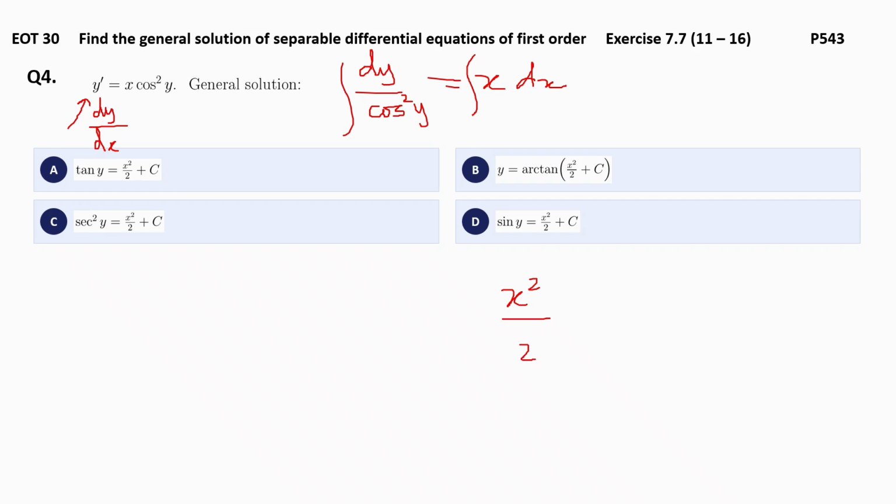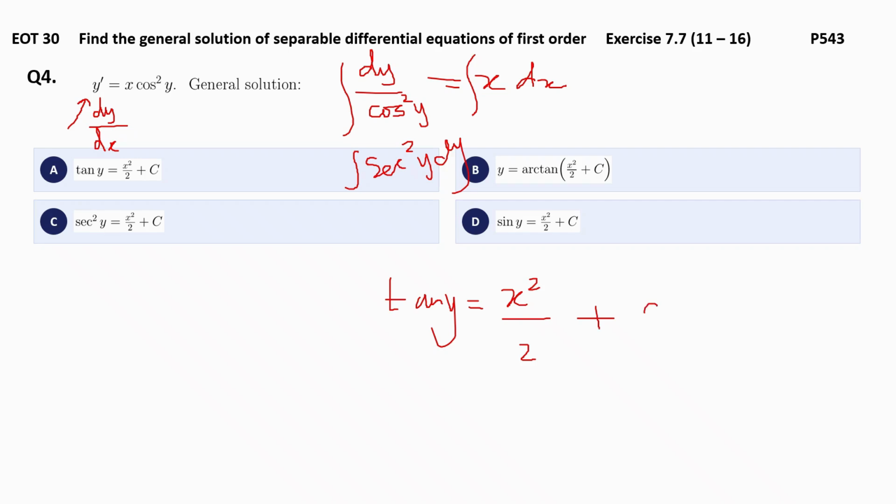But what about the left hand side? This 1 over cos square y can be written as the integral of sec square y dy. But what is the integral of sec square y dy? It is tan y. So you get tan y is equal to x square by 2 plus c.